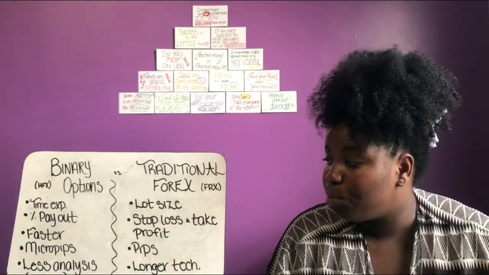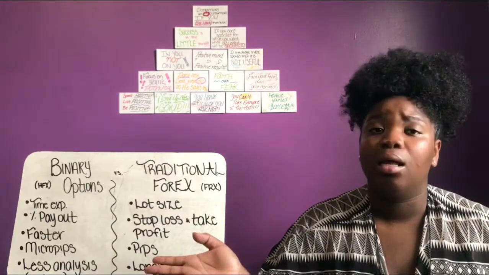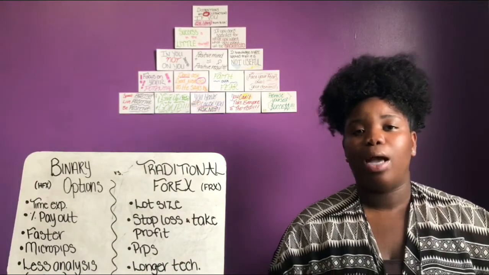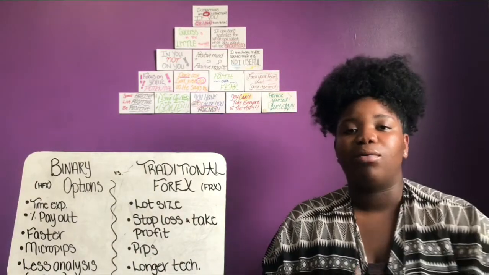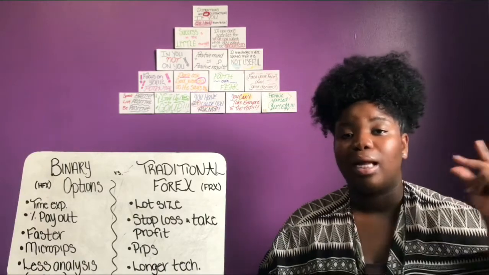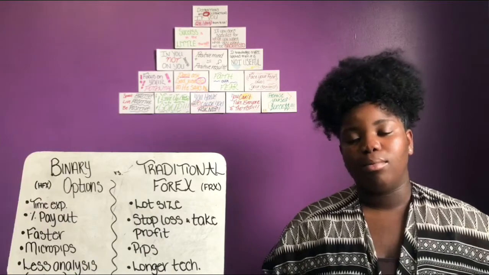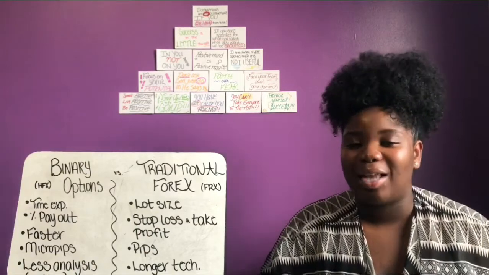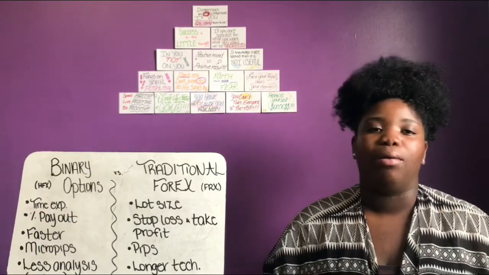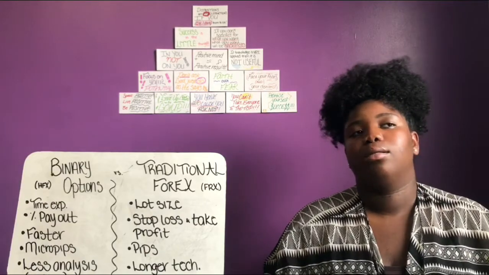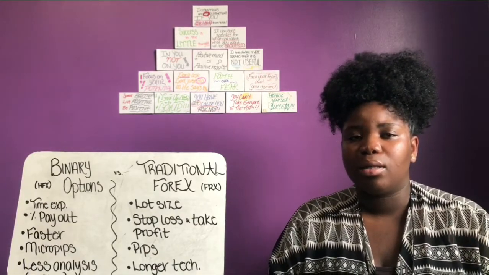When it comes to speed, binary options is definitely quicker. It's 30 seconds instead of a stop loss or a take profit. Sometimes it hits quickly, and sometimes it doesn't hit till the next day, and you have to pay an extra 7 cents to continue to stay in that trade, right? Depending on your broker, with KLC Forex and Hugo's Way, I think it's like 7 cents or something.